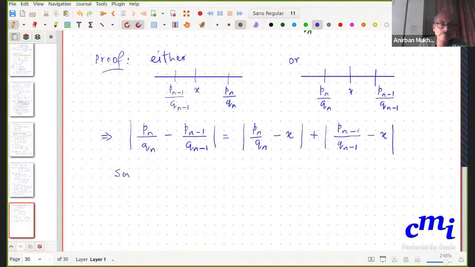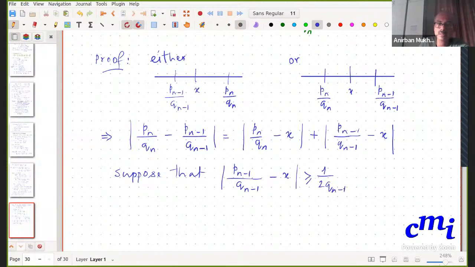So suppose that Pn minus 1 by Qn minus 1 minus x is greater than or equal to 1 over 2 Qn minus 1 squared, and similarly for Pn by Qn, so what we wanted in the theorem is not satisfied by both convergents, the nth as well as the n minus 1th.